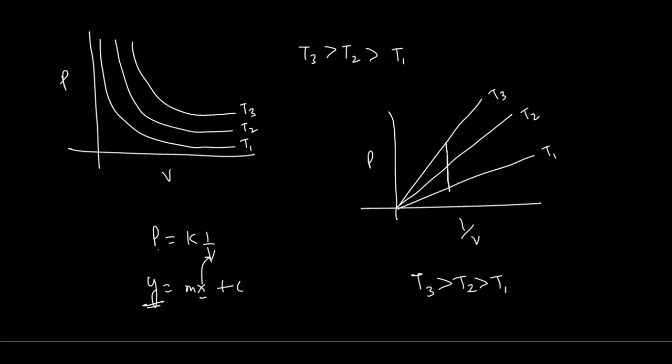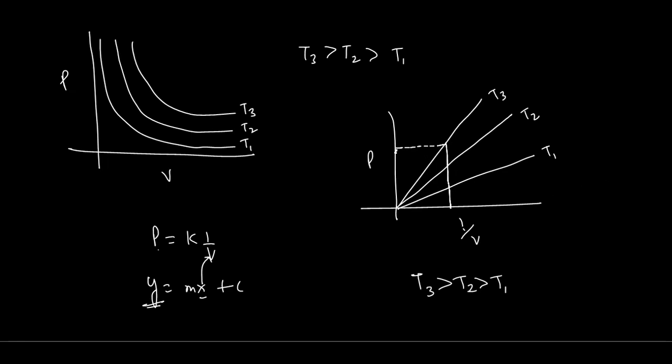For constant volume, if we increase the temperature, the value of P will increase. For a fixed volume, the value of 1 by V and V will be the same, it is not changing.